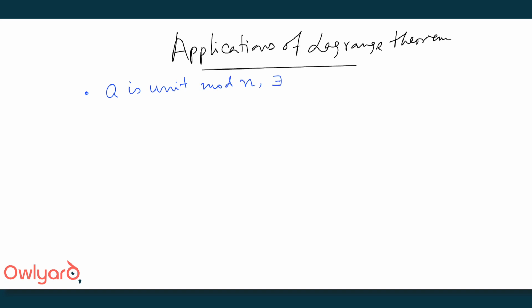That means there exists a b such that a times b is congruent to 1 mod n. Okay, so this is something that you have seen. Now also know that units mod n, for example, form a group.